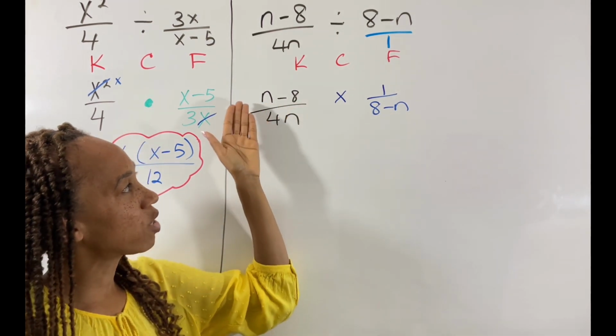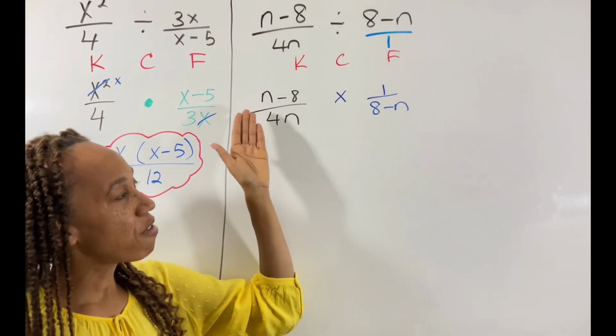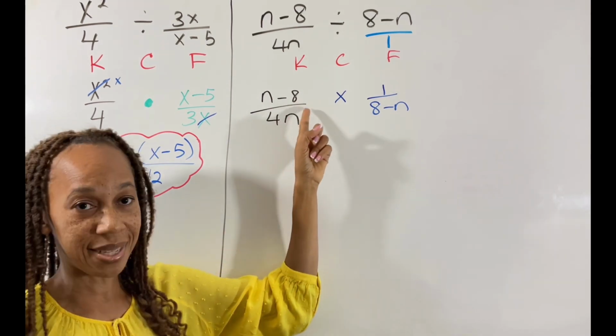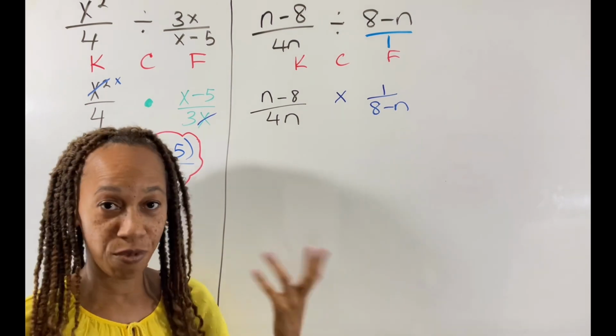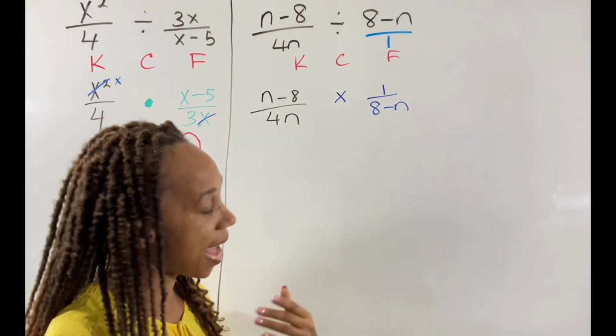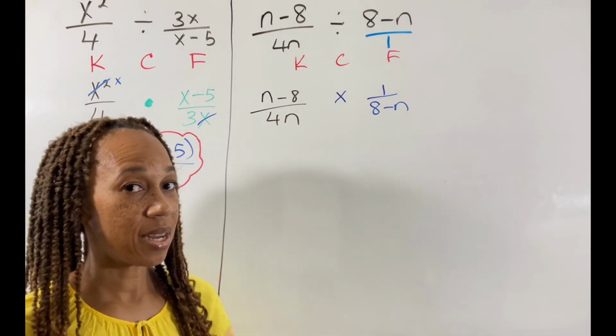The proper way to write any expression in the standard form is to have your variable first and then your monomial constant, which is a number that stands alone following any variable that you have or any term with variables. So in order to change this 8 minus n, you are going to simply factor out a negative 1.